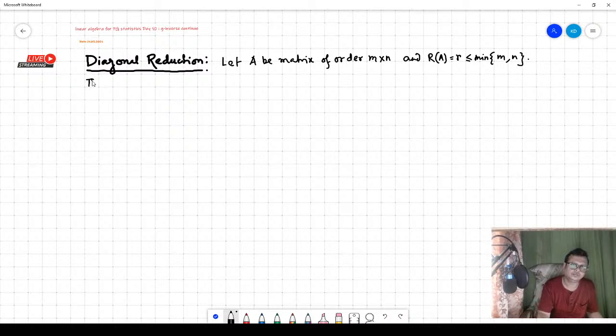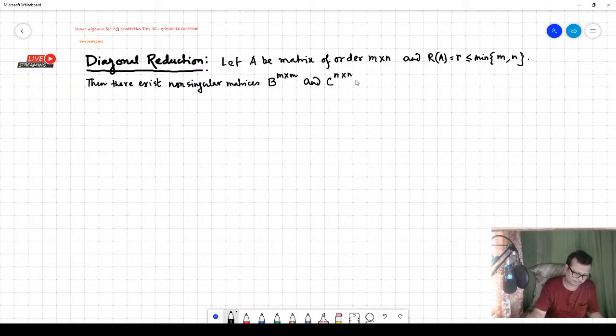Then there exist non-singular matrices B and C of order m cross m and n cross n such that BAC equals [I_r 0; 0 0], where I_r is the identity matrix of order r.